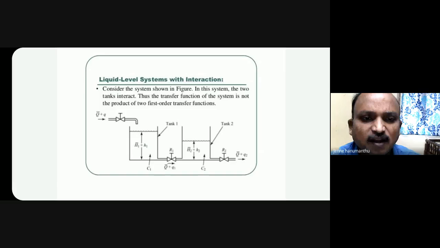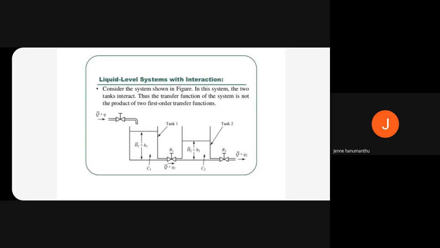Interacting system means here we have considered two tanks, tank 1 and tank 2, connected on the same line. Observe these two tanks. Dear students, please observe the diagram clearly. Tank 1 has input flow rate Q bar plus q, through a valve.